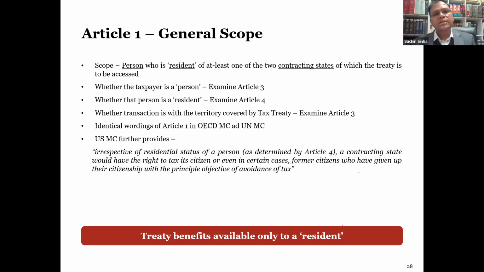Whether the transaction is with a territory covered by the tax treaty, of course, Article 3 needs to be tested. Identical wordings, because you will get this in every treaty. As per the US Model Convention, of course, there is some difference. Irrespective of the residential status of a person as determined by Article 4, a contracting state would have the right to tax its citizen, or even in certain cases a former citizen who has given up the citizenship with the principal objective of avoidance of tax.